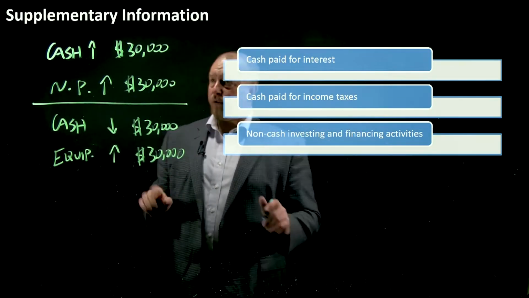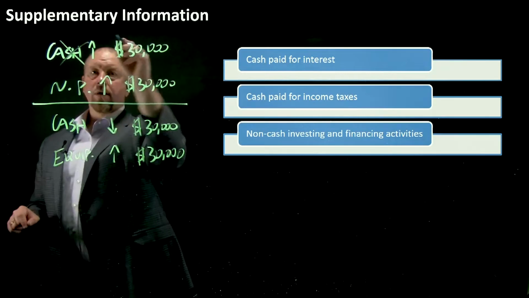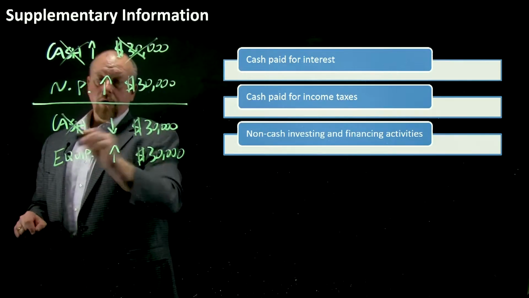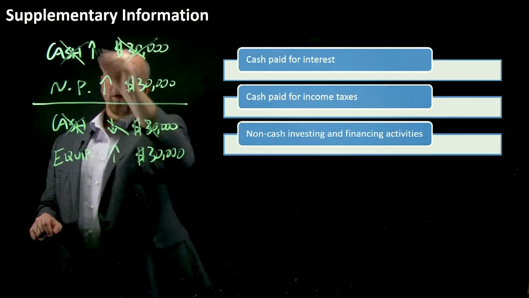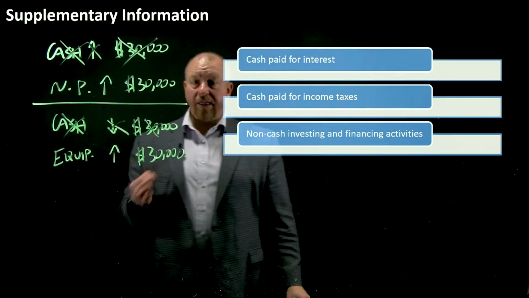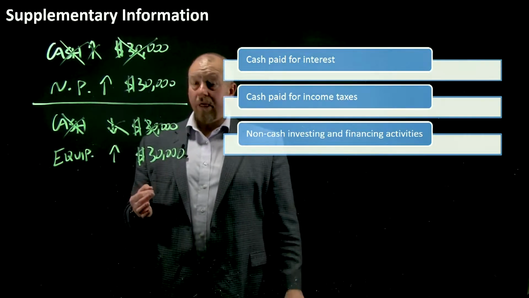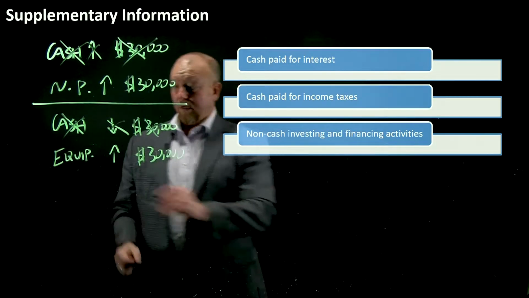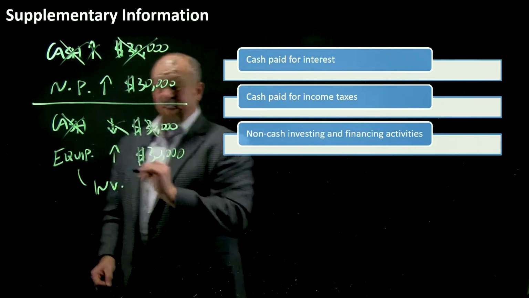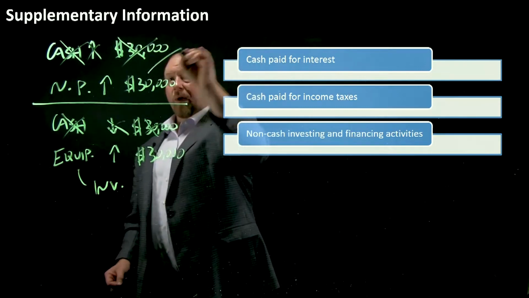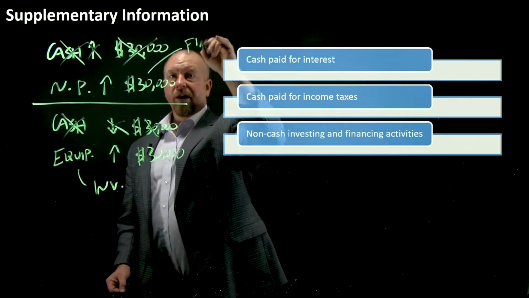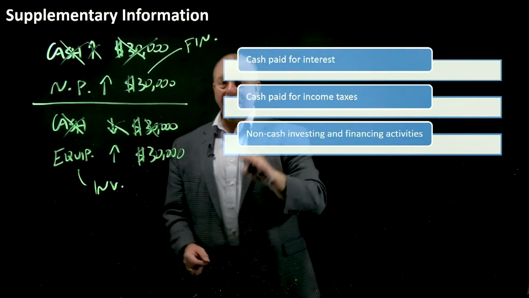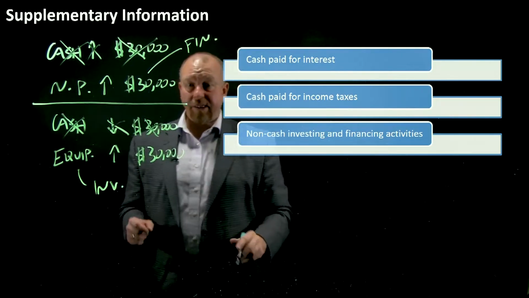Now, if you skip this step right here by purchasing a piece of equipment and financing it directly with a note payable, this is a non-cash activity. Equipment increases, and that's really an investing activity. And notes payable goes up, that's really a financing activity, but it's a non-cash investing and financing activity.